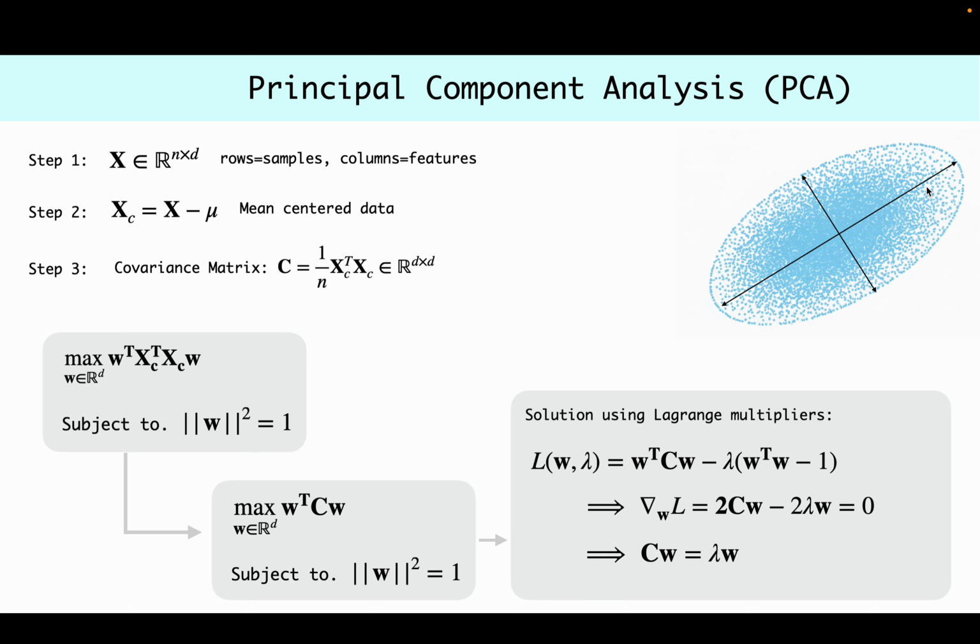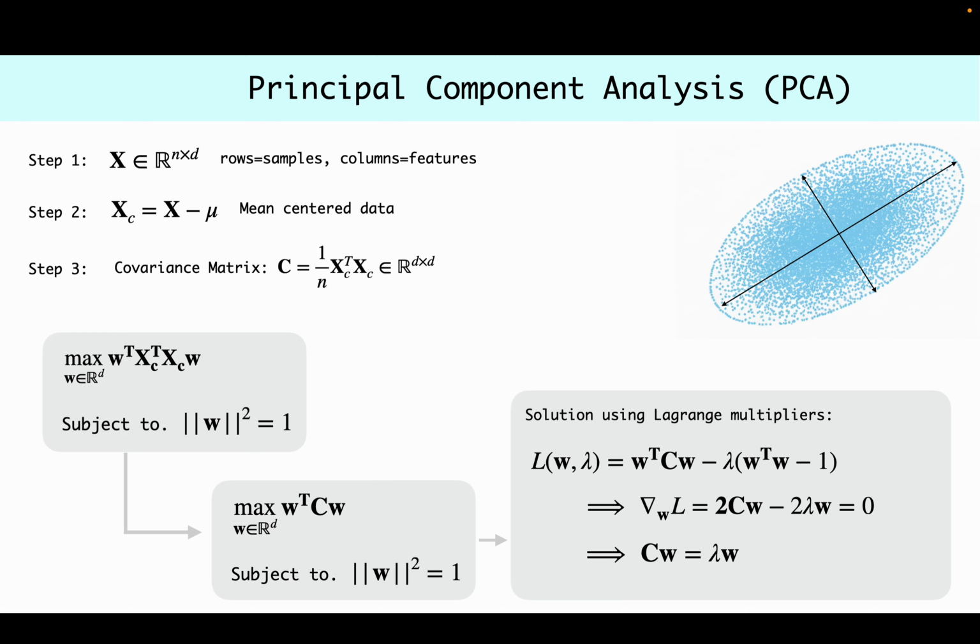It is because when you project each of these data points onto this vector w, that's what we are doing here. When we multiply xc with w, each row in xc is a sample, and we are multiplying each sample with this w vector. Which means we do a dot product between each sample and the w vector, and this dot product would be maximum when the angle subtended between them is small.